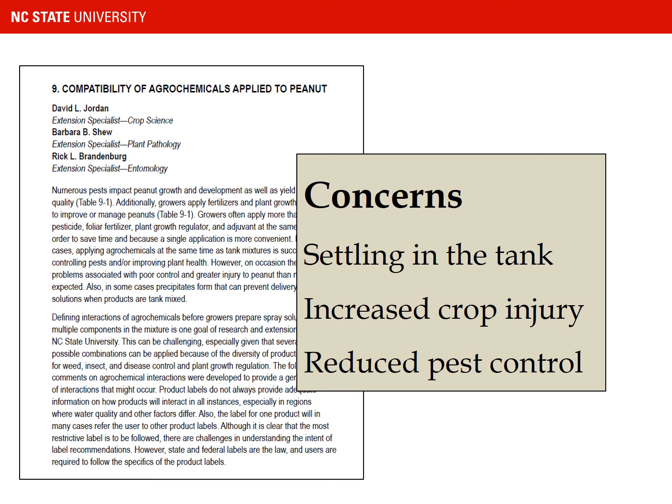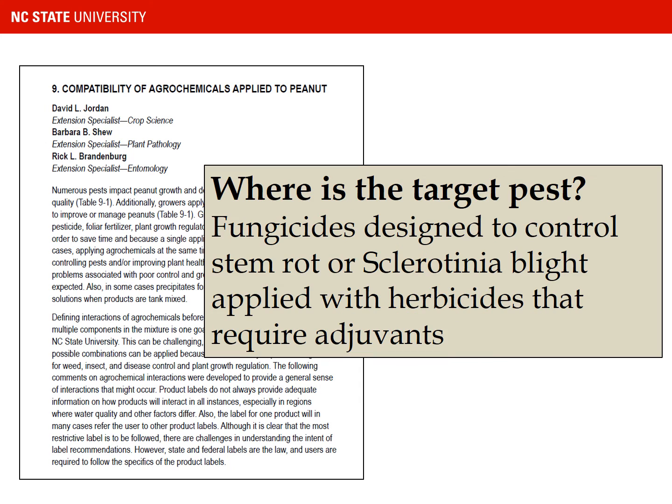Increased crop injury is a concern. We see some of that, and I had mentioned an example earlier, but we also worry about reduced pest control. These are things that can be very unpredictable, and we want to really keep from having a problem with any of these. The other thing that you need to keep in mind is where's the target pest. So, for example, fungicides for stem rot or sclerotinia blight, when they're applied with herbicides, the herbicides require adjuvants.